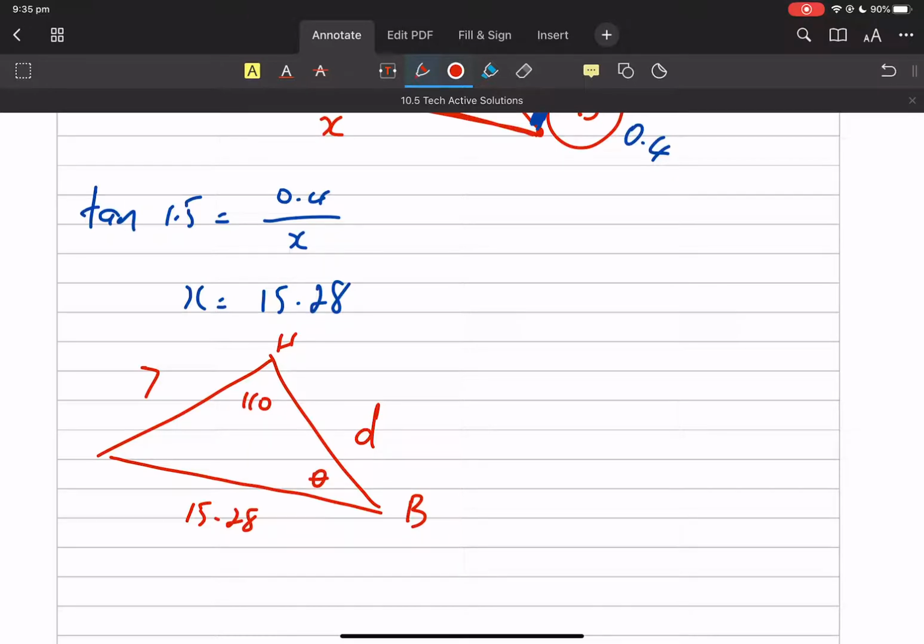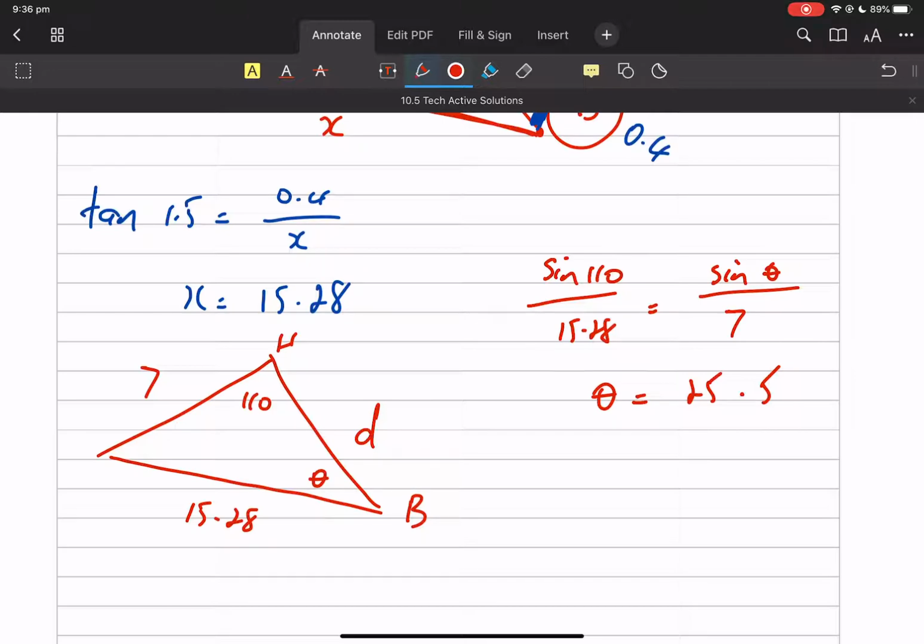I guess we have to get that theta. So sine 110 on equals arc sine of 25 point, gosh, can we just call that 5?